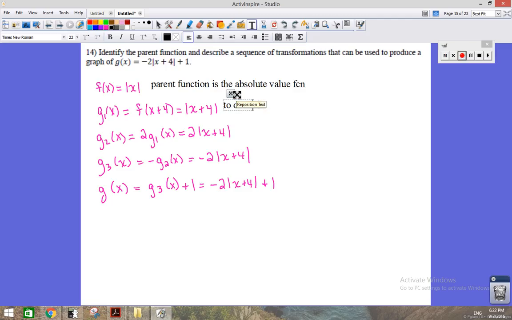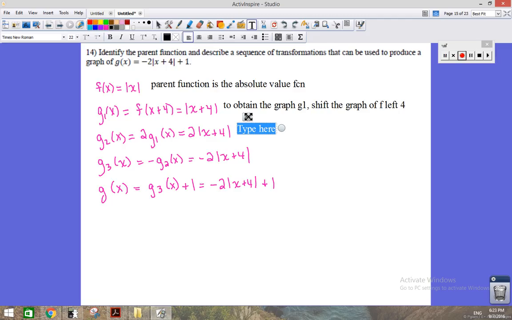So to obtain my first graph, and I just didn't know what else to call it other than G1 for the first graph, to obtain that graph, we shift the graph of f, our parent function, to the left 4 units. So that's the inside the parentheses when you're affecting the domain. That's the bizarre description, or at least bizarre if you ask me.